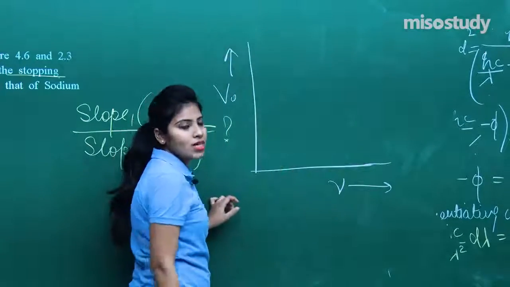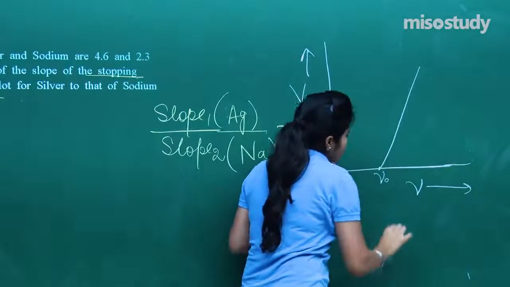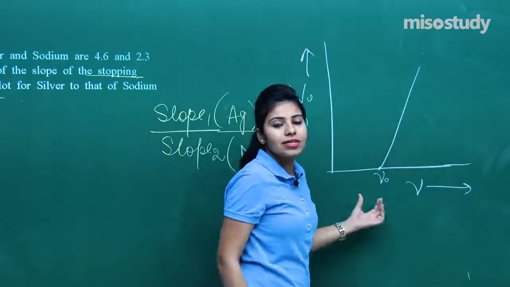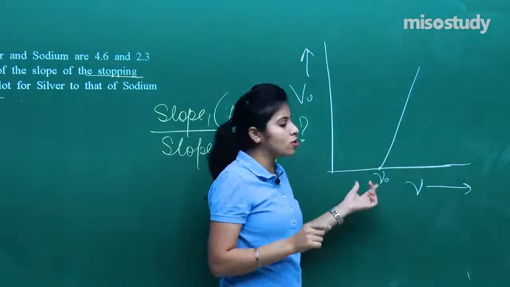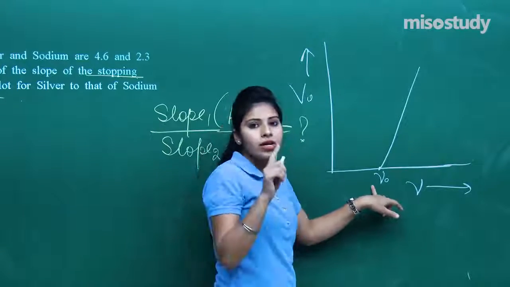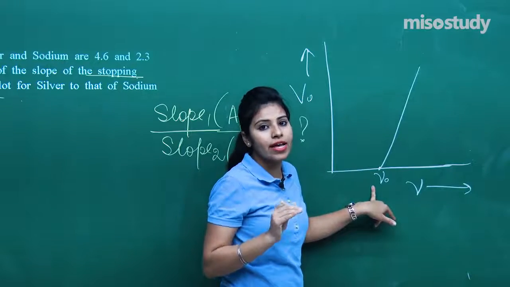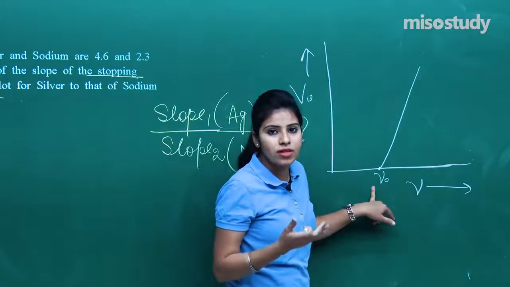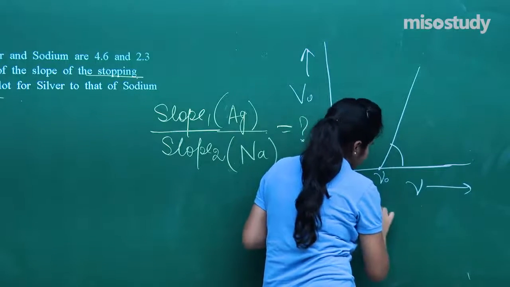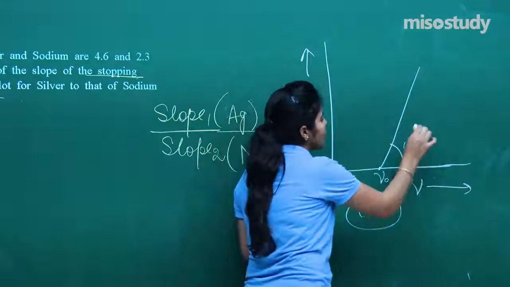Since this is a straight line, you can see that there is a linear relation between the stopping potential and frequency. This is your threshold frequency below which no photoelectron emission will take place. Now since we have to find the slope, we will say that this is the slope, tan theta, suppose this is theta.